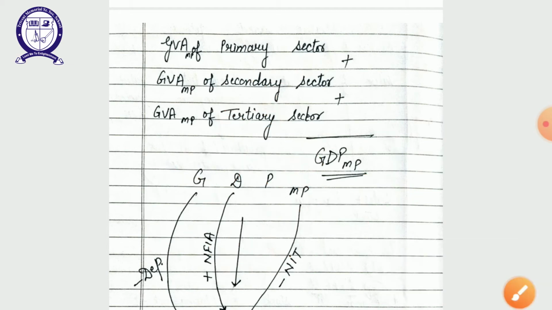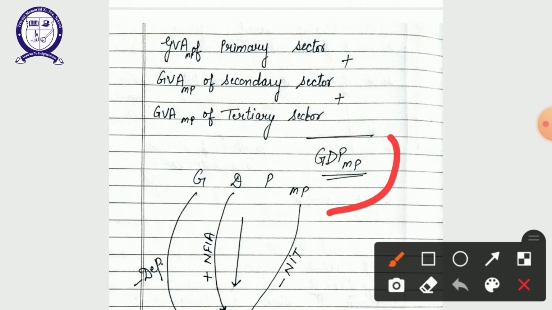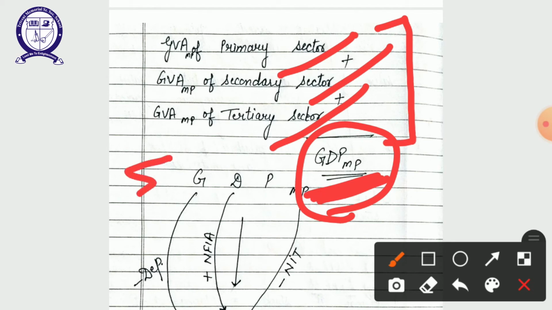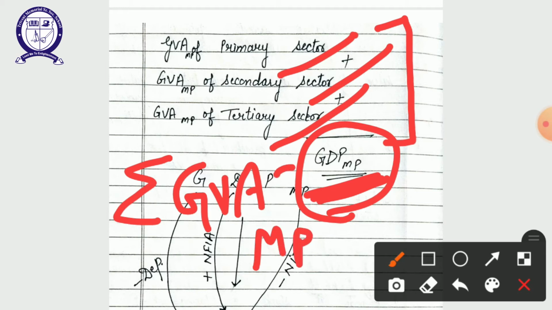So NNP at FC can be determined with the help of GDP at MP, and GDP at MP will be determined with the help of GVA at MP of primary sector, secondary sector and tertiary sector. When you add all three sectors, you will get GDP at MP. So you can say that summation of GVA at MP is equal to GDP at MP.